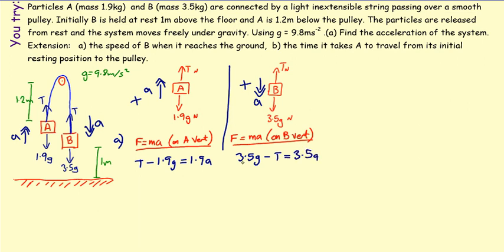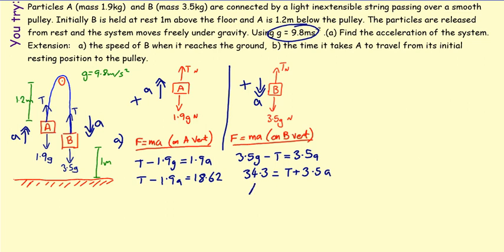These are simultaneous equations. We can rearrange them so we can plug them into our calculator. So we're going to get T minus 1.9a equals 1.9g, which is 18.62. We're taking here g to be 9.8. Over here, we're going to get something similar: 34.3 is equal to T plus 3.5a.